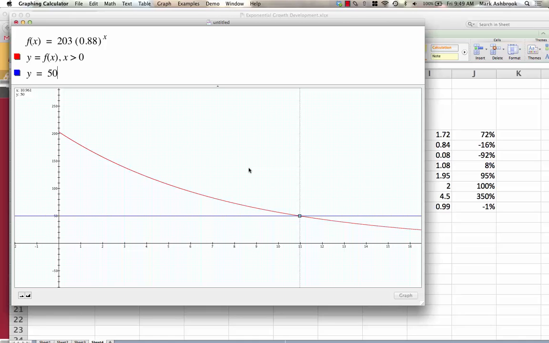Looks like 10.96. This ordered pair is 10.96 and 50. So how many hours does it take to reach 50? When we got to the 11th hour, then we'd know for sure we had at least 50.